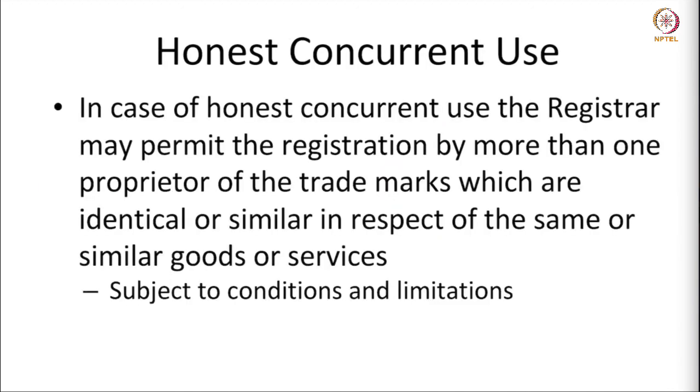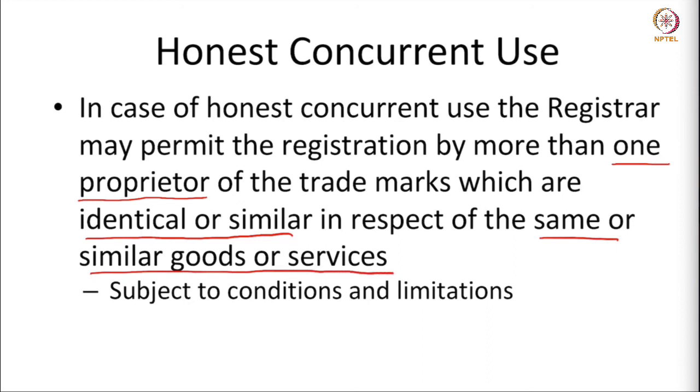Honest concurrent use occurs when a mark is used by two owners at the same time. In the case of an honest concurrent use, the registrar may permit the registration by more than one proprietor. So here is a case where two people are allowed to use the same mark, which are identical or similar in respect of the same or similar goods or services.